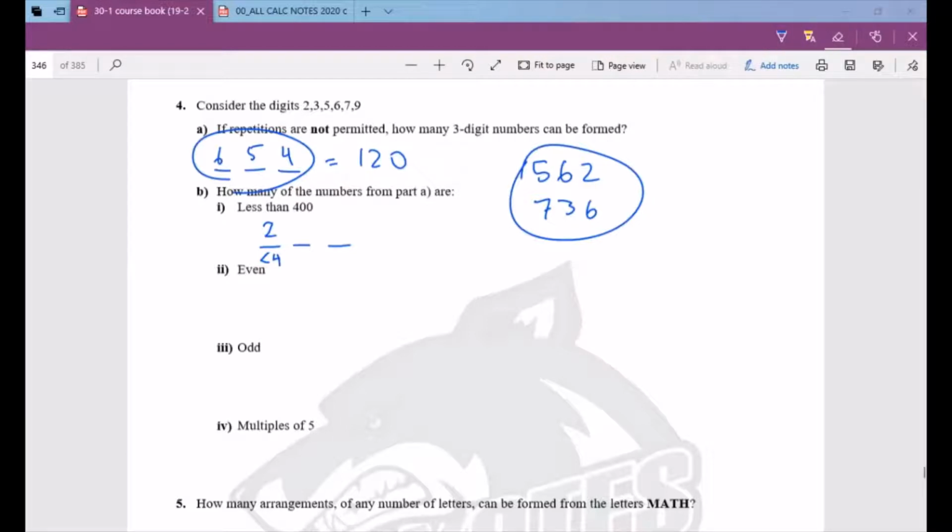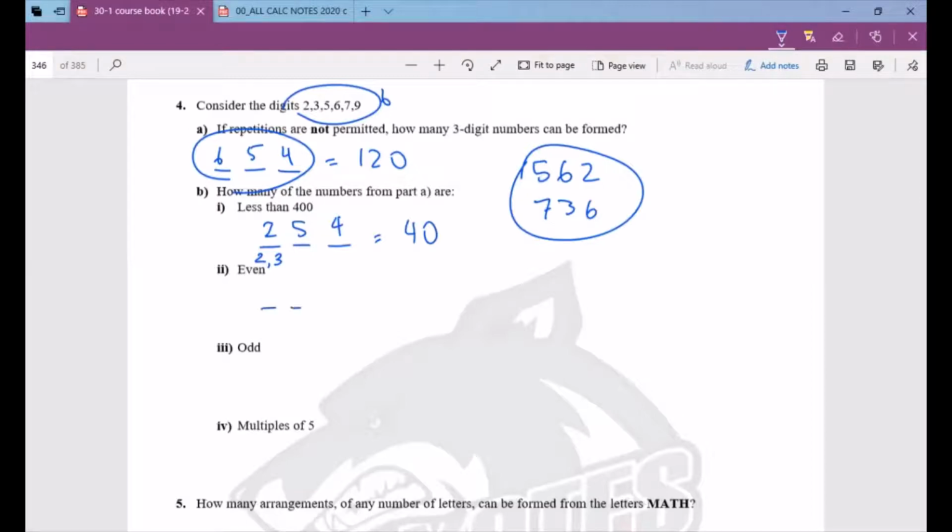So another way of writing this is our restriction is this either needs to start with a 2 or a 3. Once we've picked that number, how many do we have left to pick from? There were 6 in total. So now we have 5. Even if we picked a 2, we could still have a 3 to choose from. Even if we picked a 3, we could have had a 2 in the rest of our number. So 5 choices for the next number, 4 choices for the last number. Multiplying this out gives us 40.